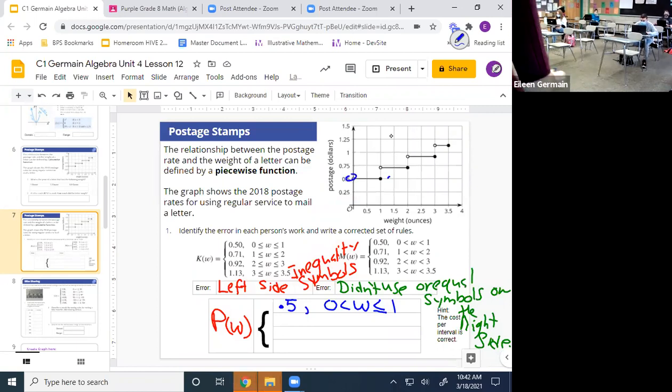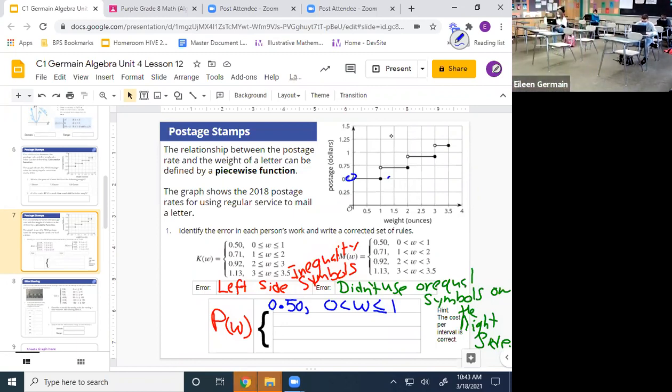Very good. It's an open dot, so he didn't put the or equal to. He could have, and then he put the or equal to under that one because it is a closed dot. Very good. You could have also written it as 0.50 because we're talking about cents. That means the same thing. Nice job there, Peyton. And I'm going to actually change it to that. I like it. That's more precise.